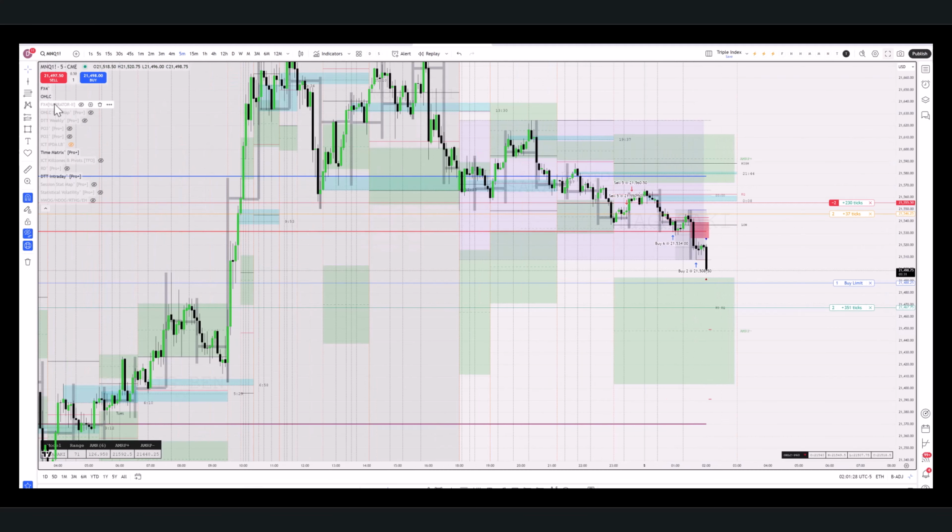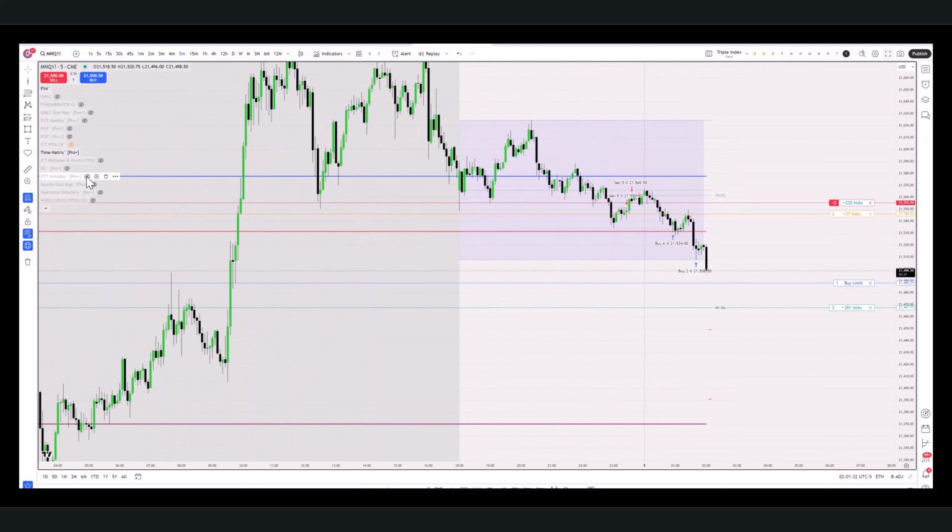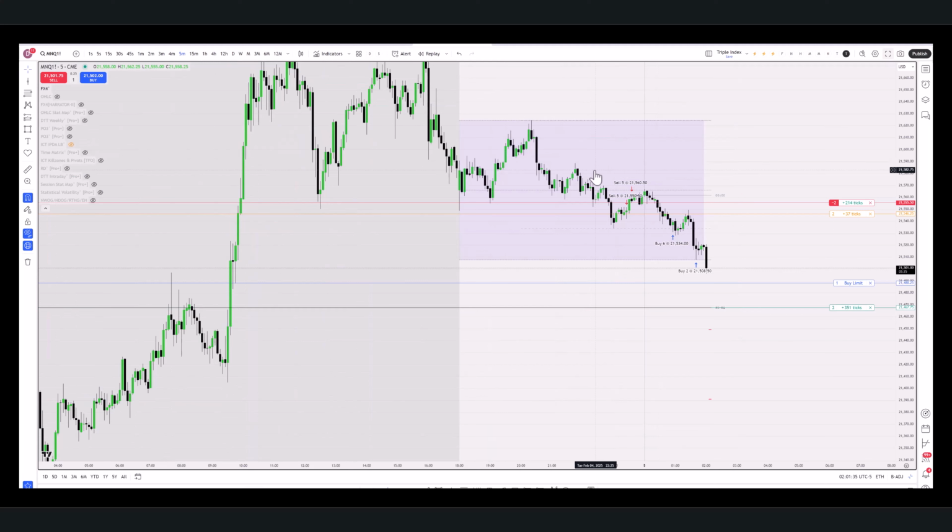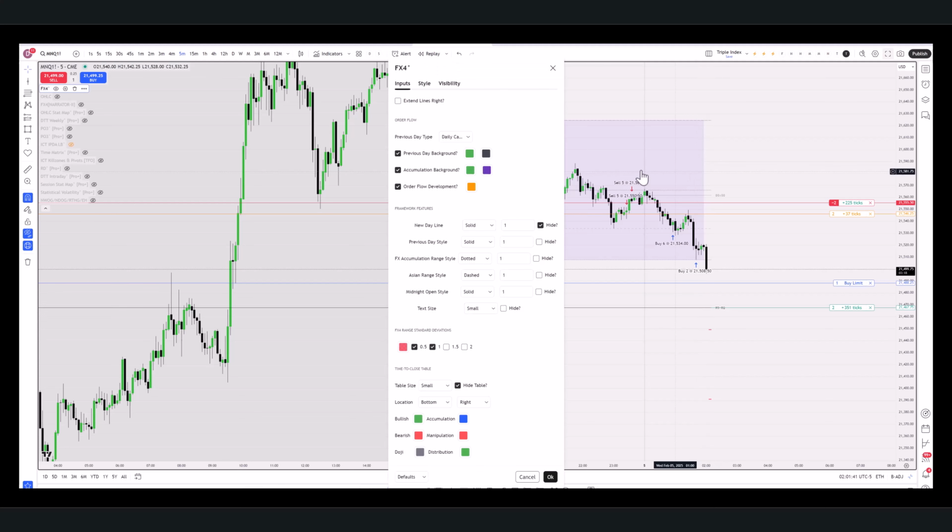So if we did only look at FX4, what does purple mean again? Accumulation background.